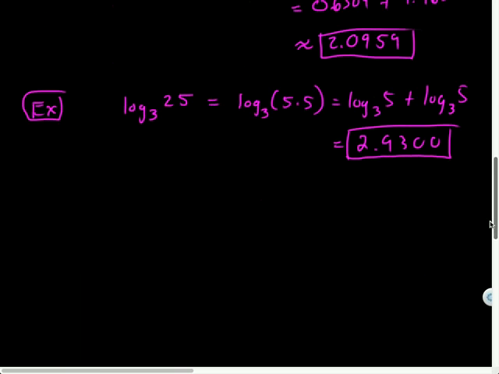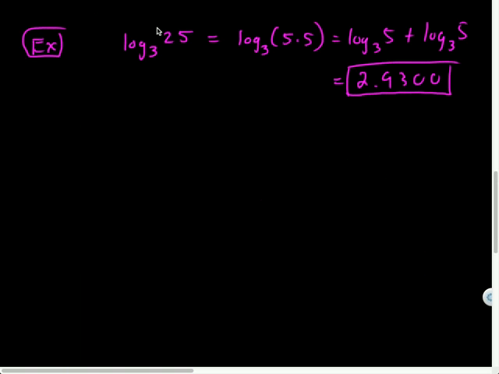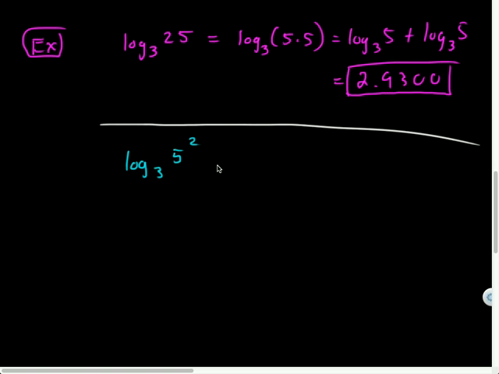Now, alternate reality of this, another way I could have thought of that problem, I could have thought of log base 3 of 25 as log base 3 of 5 squared. And that's the equivalent, right?